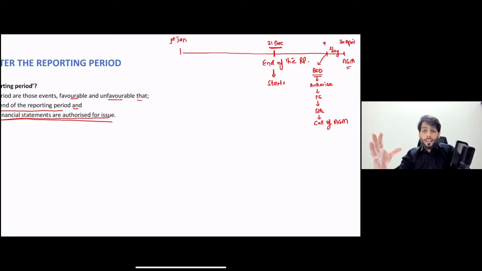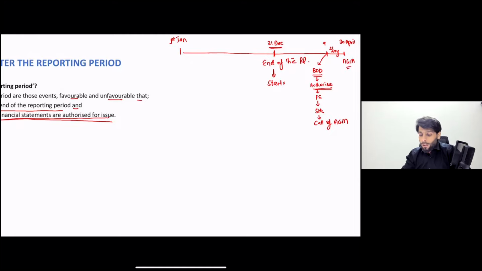By the way, the board of directors meeting happens with a 7-day notice. So the board of directors meet, they check the accounts, they query the accounts, they see the audit findings, they see the audit report, and once they are satisfied, they authorize the financial statements to be issued to the shareholders with the call of an AGM.